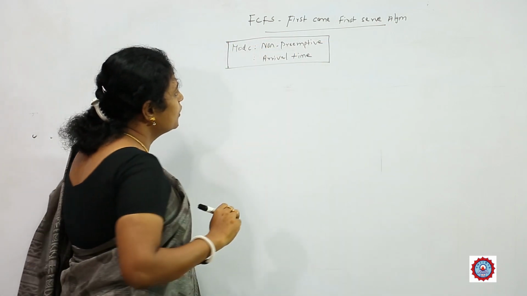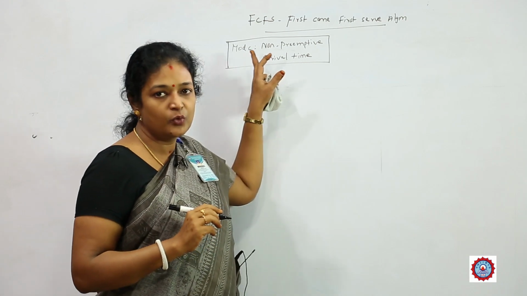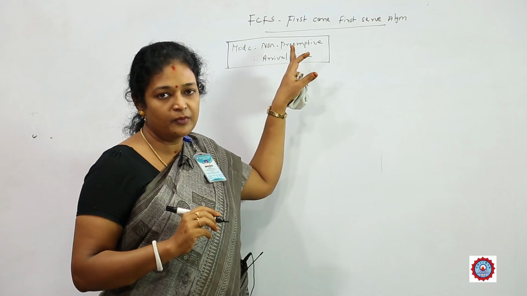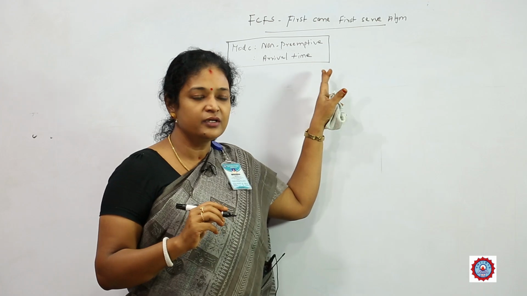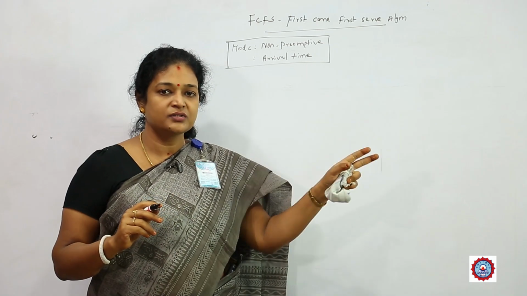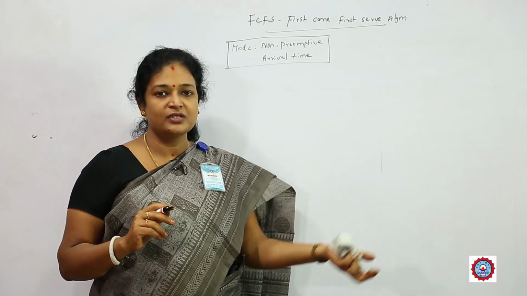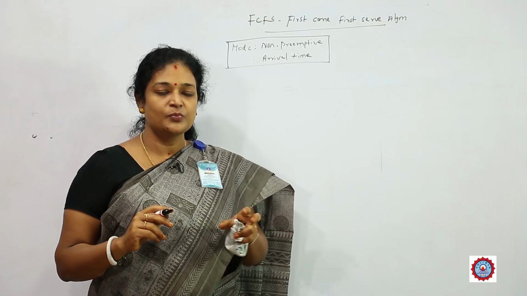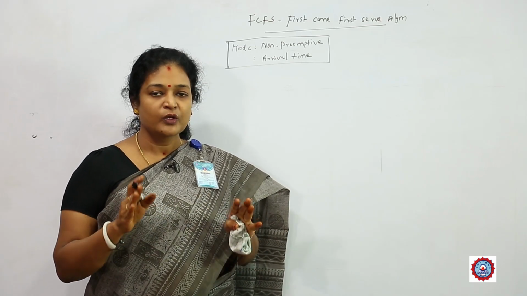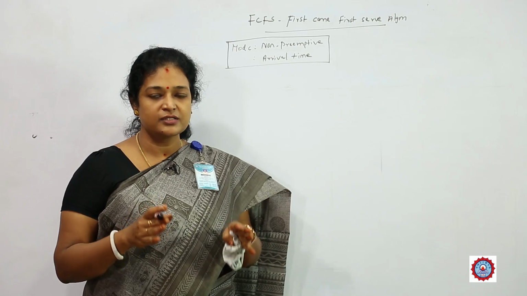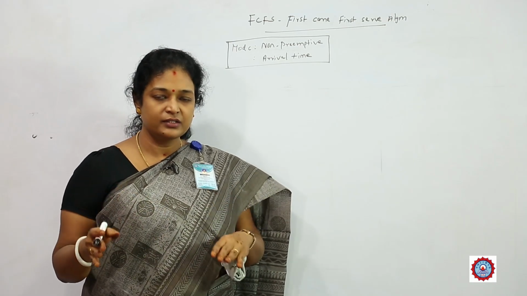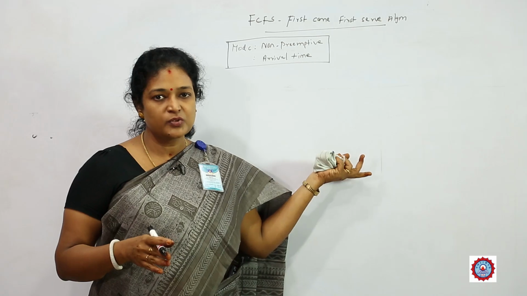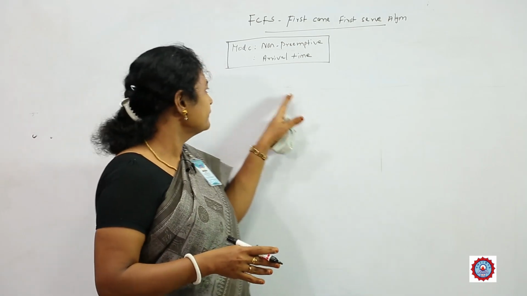And the concept for FCFS, the mode will be non-preemptive. As I have mentioned earlier, whichever process in the ready queue asks for the CPU, it won't be accepted. Only after the process under execution completes its task, the next process will be given priority.